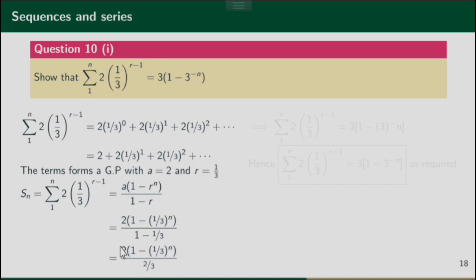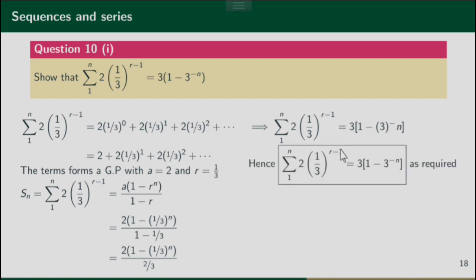Simplifying this, 2 cancels out with this 2, and this 3 reciprocates, and I'll be having 3 into 1 minus 3 raised to the power negative n. And our answer is out, because we can rearrange it now into 3 into 1 minus 3 raised to the power negative n, as required. So we have shown that.